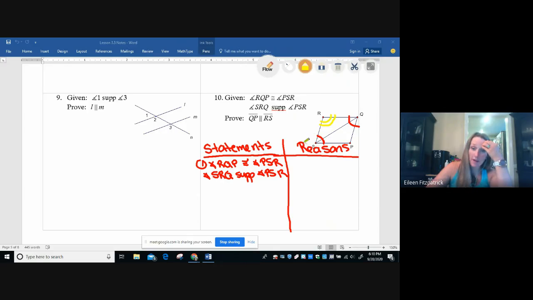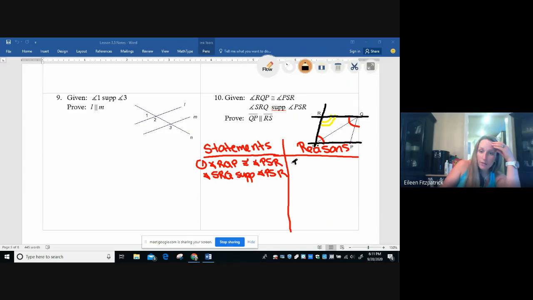Well, let's start with that fact. If these 2 angles are supplementary, they share this side in common. This would be the common transversal. So what does that mean about this line here and this line here? Same side interior angles supplementary implies parallel lines.